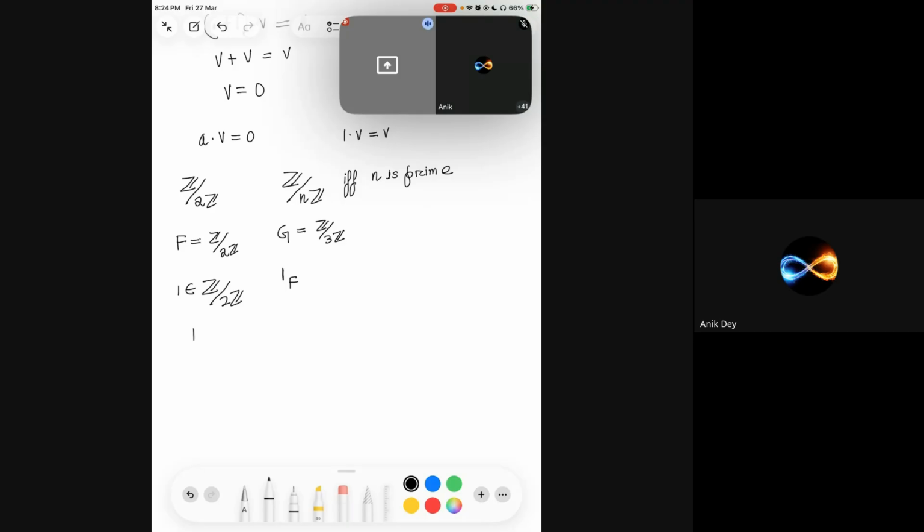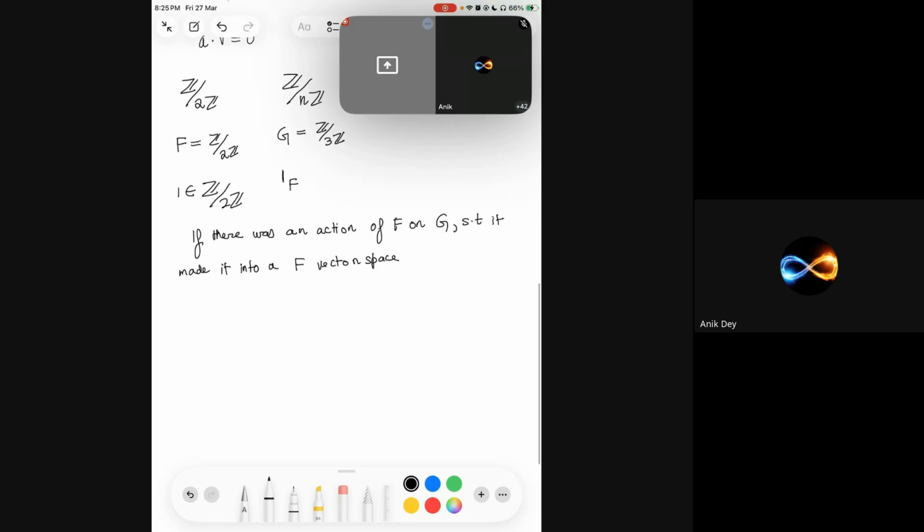What I mean to say is that if there was an action of F on G such that it made it into an F vector space, then 1F, that is the identity element of Z by 2Z, must send 1G.